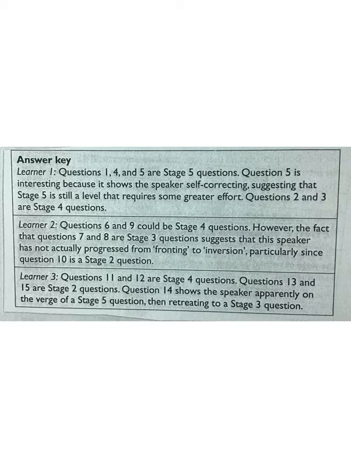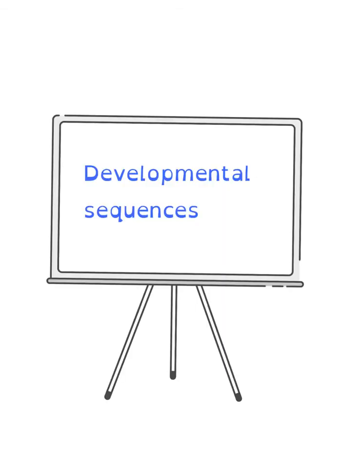So as you've guessed, there are developmental sequences for all kinds of things regarding language. Questions, negation, there are developmental sequences for possessives and possessive determiners, for relative clauses, references to the past, and there is movement.